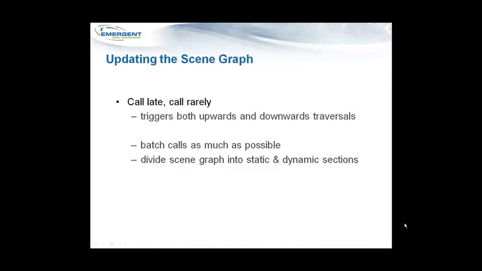If you have a large part of your scene graph that is static, keep it separate from the animated objects in your scene graph. Batch calls together. Make all of your animations, all of your transformations, all of your changes to scene graph structure, and then call update once over the section of the scene graph that's changed. So you only have to do a single traversal. These sorts of changes will significantly improve the performance of your Gamebryo application.